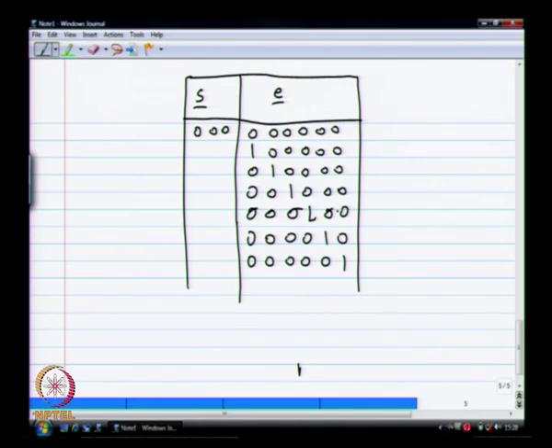Okay, so we will get a certain number of syndromes for these guys. So let me just write it down. You can go back and check whether I am making a mistake or not. I think you would get 110, 101, 011.